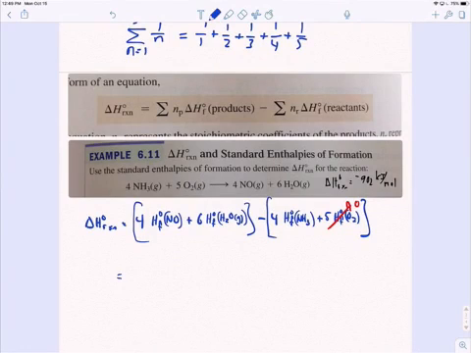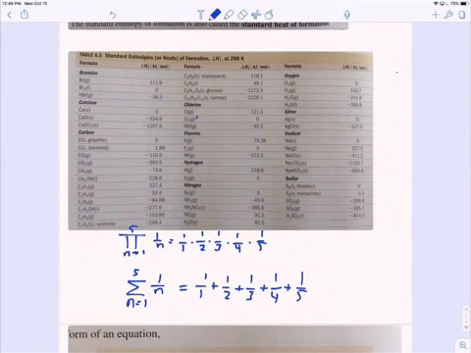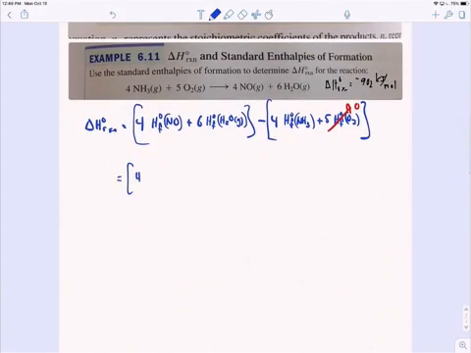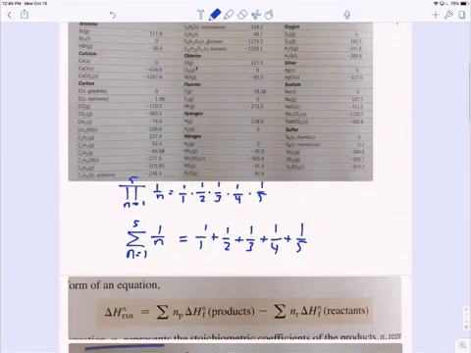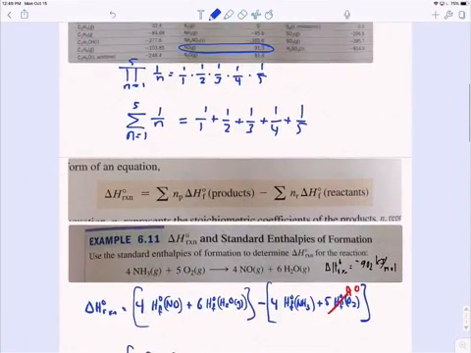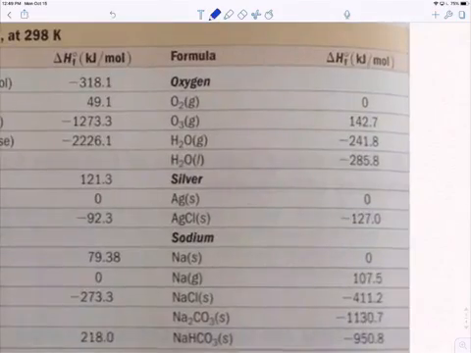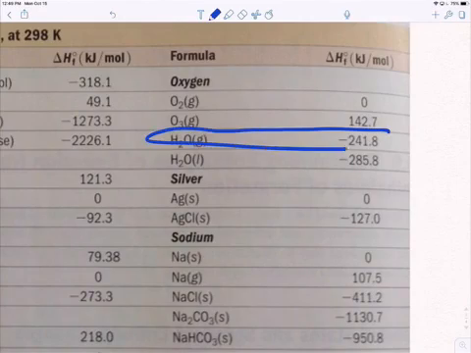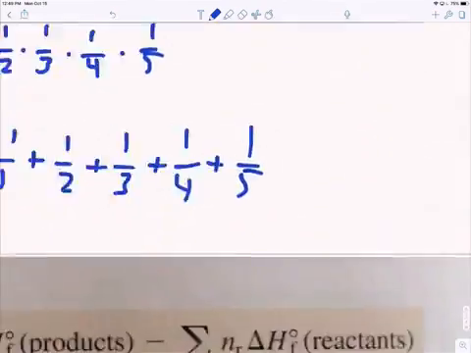Okay, 4 times the heat of formation of NO, where is nitrogen? Sulfur, oxygen, where is nitrogen? Oh, there it's right there. NO is 91.3. It took me a while to find it. It's right here. 91.3. Water gas is minus 241.8.